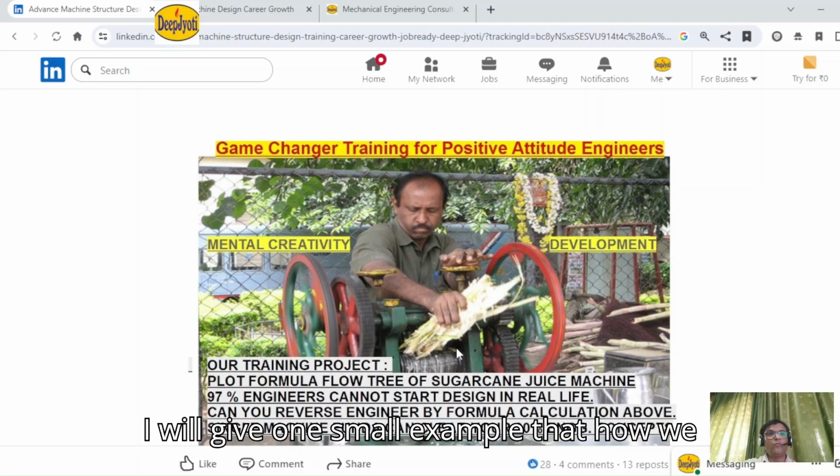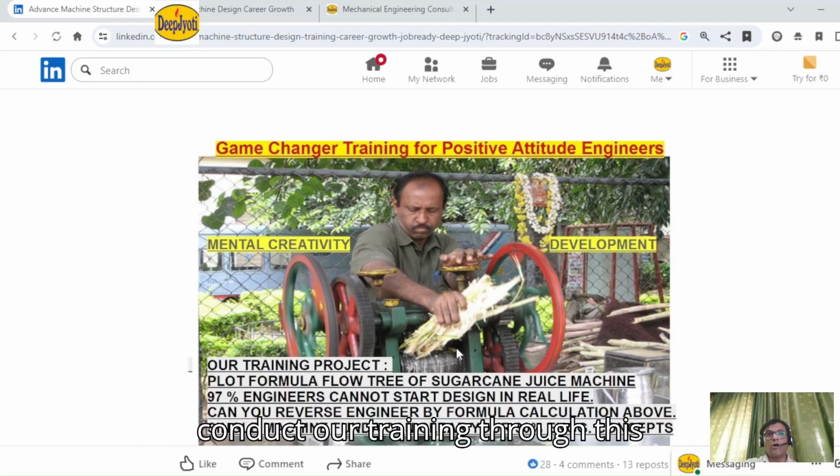I'll give you one small example of how we conduct our training through this machine. We say formula flow of load. So which is the input load here? Input load is sugarcane. What is the principle? It is a crushing stress. Sugarcane will crush, right?